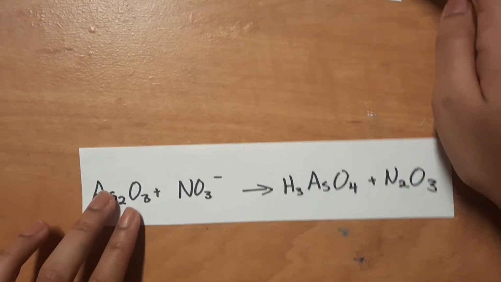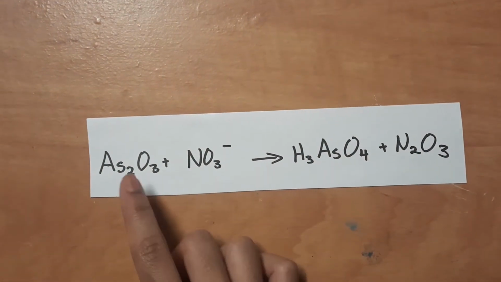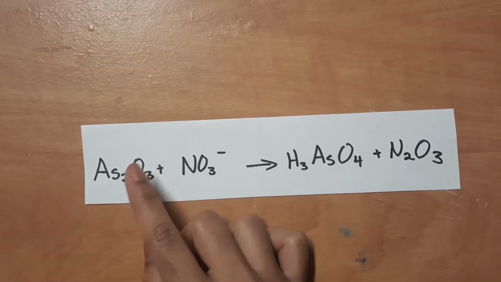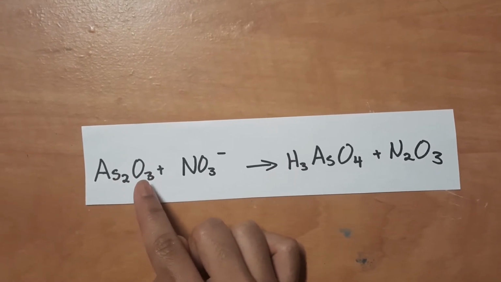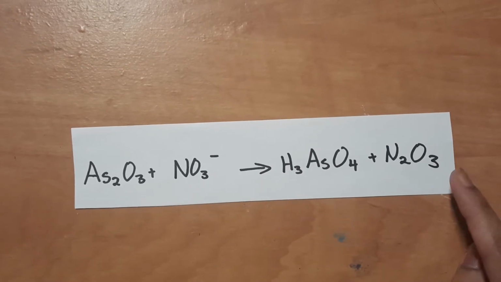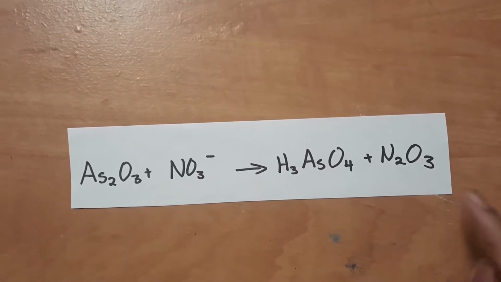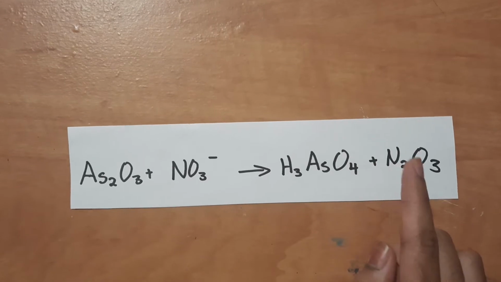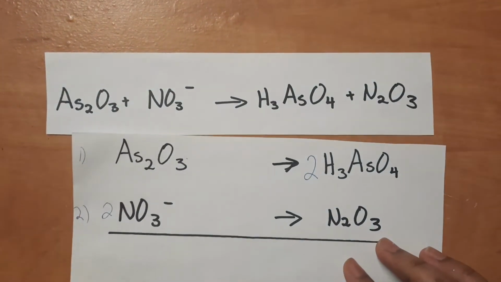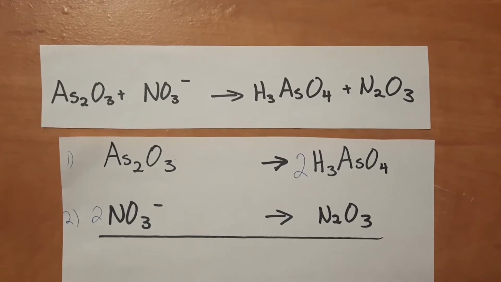Here we'll just split it intuitively based on what the reactant turns into as a product. So you can tell that the arsenic oxide will become the arsenic acid, and the nitrate ion will become the dinitrogen trioxide. It wouldn't make sense for this to become that and this to become that, right? So it's just intuitive. So here we have our half reactions.